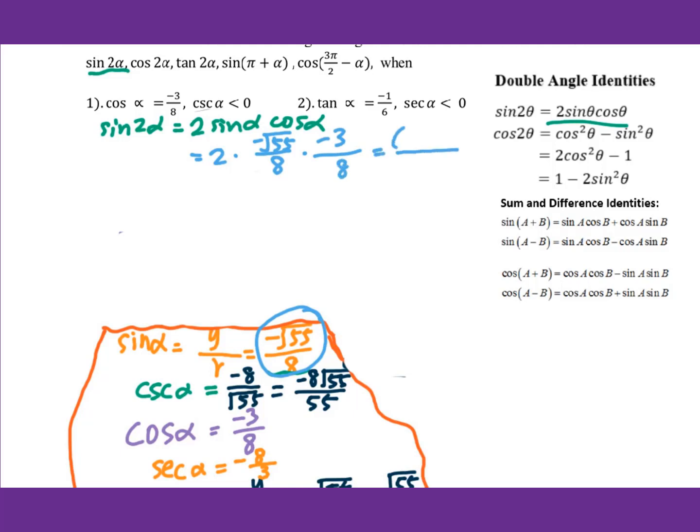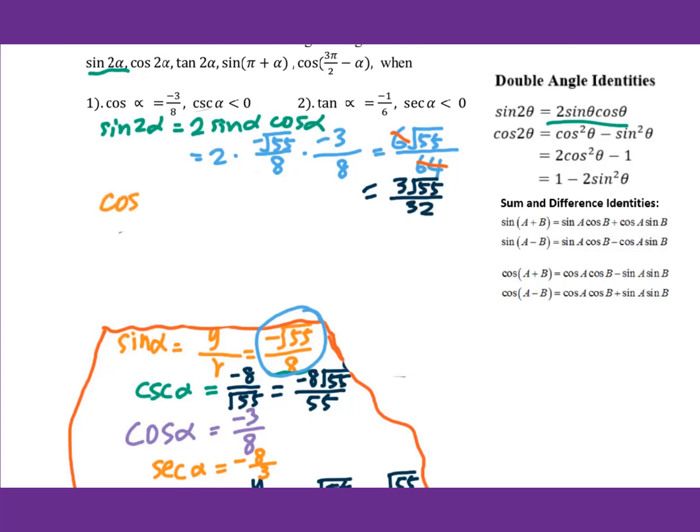That is 6 square root of 55 over 64. We reduce. You will get 3 square root of 55 over 32.